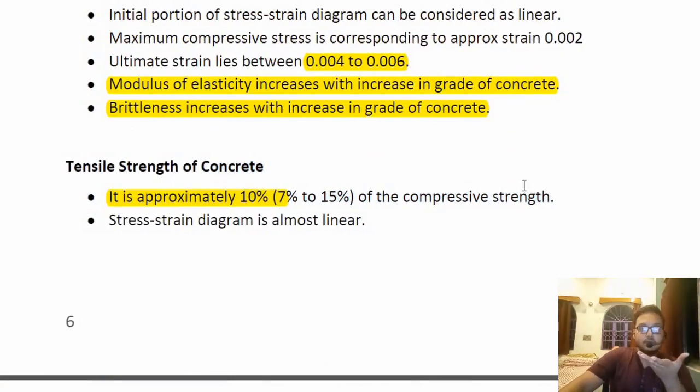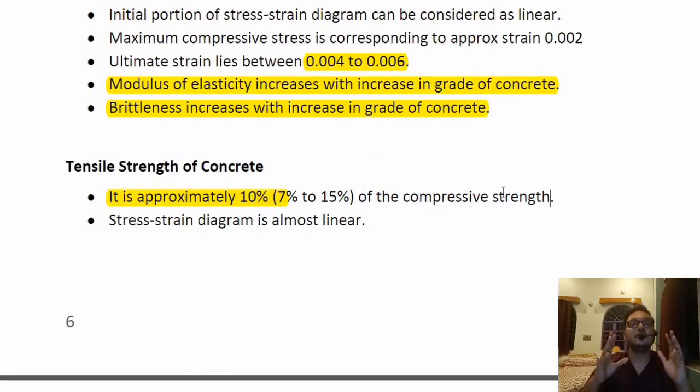A concrete member can tackle compression much better, about 10 times better than tension. Whatever tension it gets, it can tackle compression 10 times higher than that tensile force.